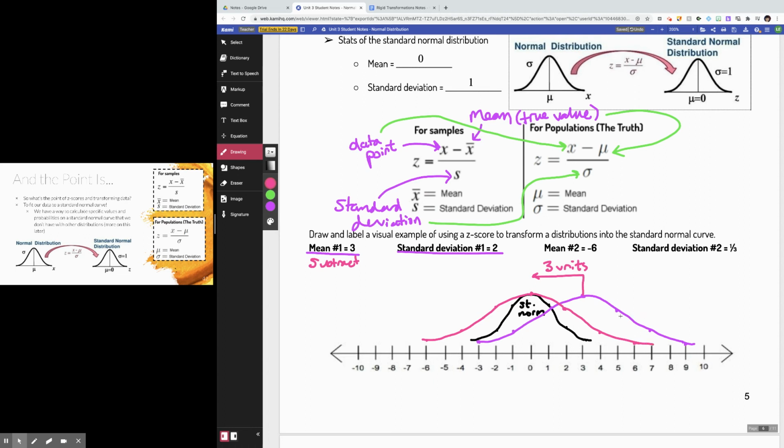Okay, so now we've just taken it and shifted it. Then the very last thing that we have to do with it is, because it's too spread out, it's in the right location to be the normal curve, but it's too spread out, so we have to take it and shrink it.